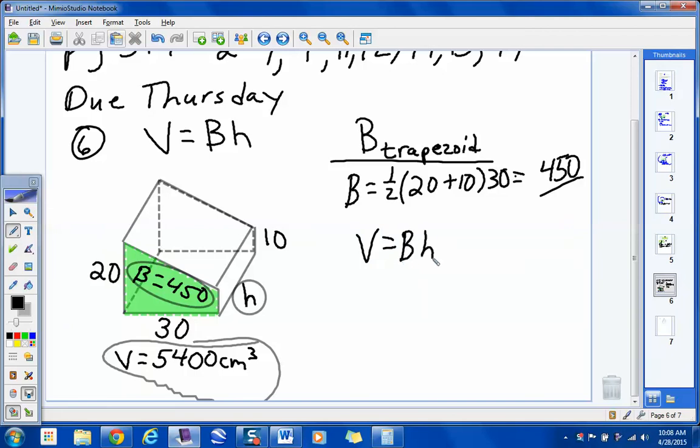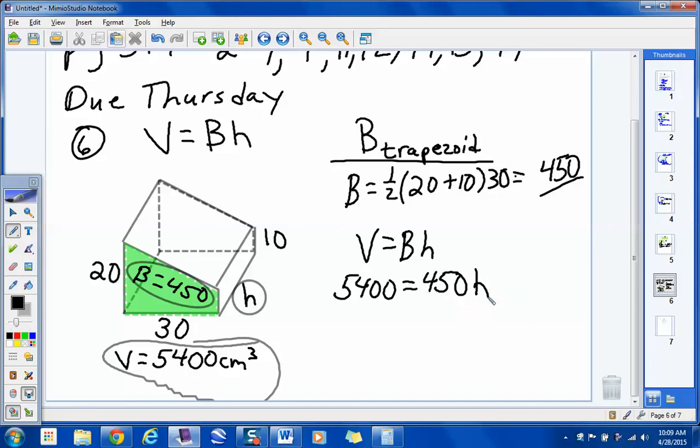Guys, between the volume, the area of the base, and the height, what don't we know? You don't know the height. So let's plug in what I do know. Do we know the volume here? What is the volume V? What value could I plug in there? 5,400, right? Do I know the area of my base, or was I able to find the area of the base in this? 450, right? And then the one thing we do not know is your height H.